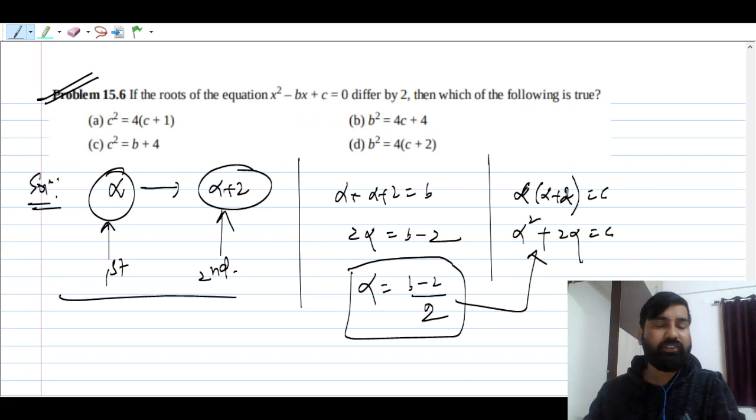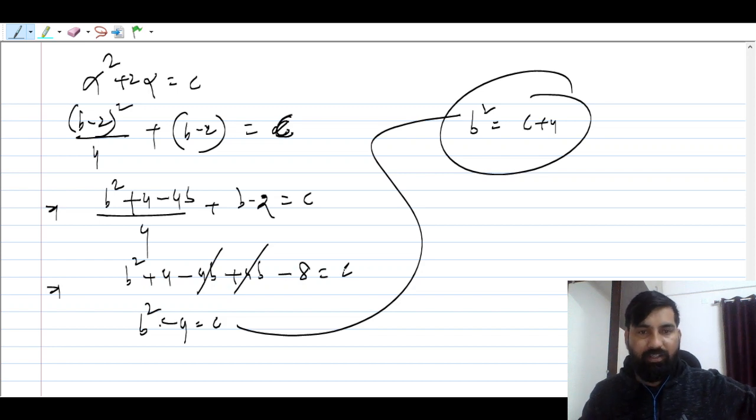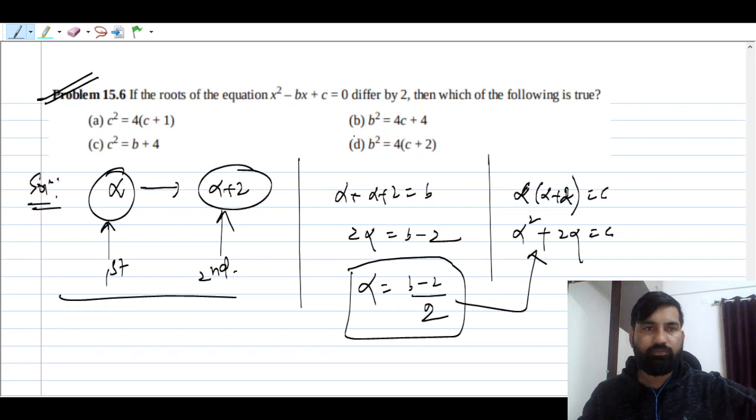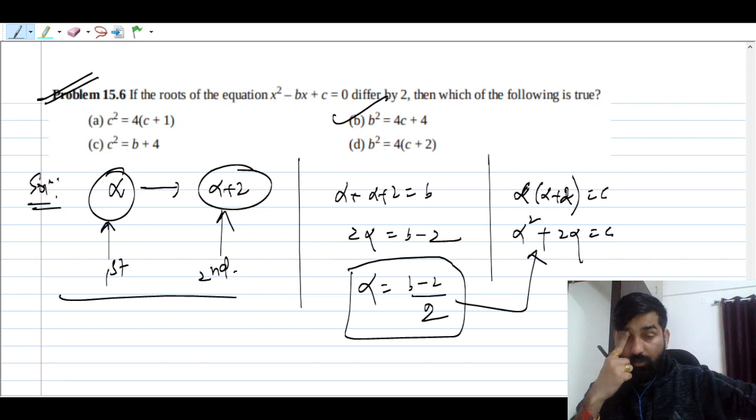Okay, so which option is correct? I think we have made some kind of mistake. Yes, here we have to multiply by 4 as well, so 4c. B square equal to 4 common, c plus 1, right? Yeah, option B is correct.